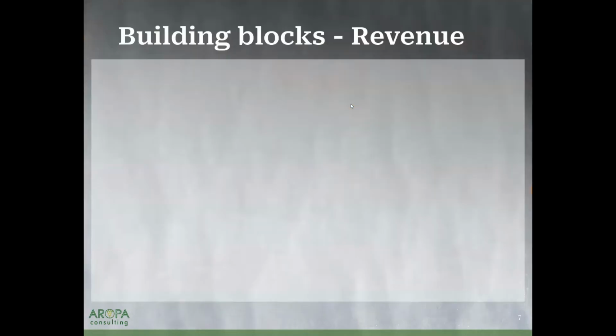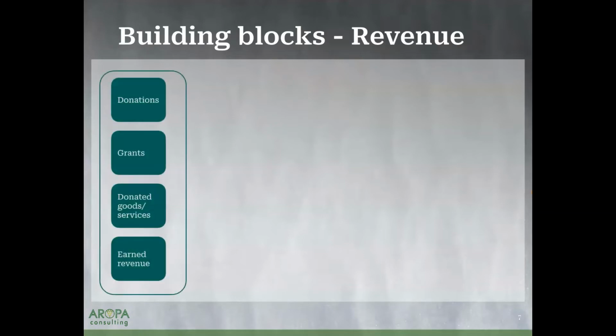All right, so let's talk about building blocks for revenue, because revenue is really one of the big concerns, right? We have different types of revenue in a nonprofit. We're going to go into greater detail about these 4 types a little bit later, but we have donation. So anybody that writes a check, that donates to a nonprofit, that's a donation. A grant, say a foundation gives you a grant to perform a particular program or service.